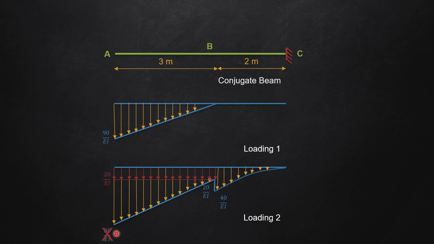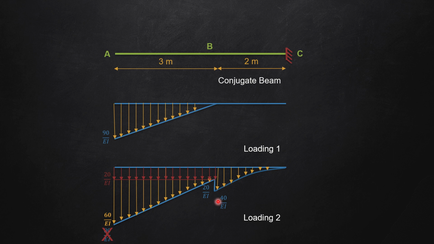And the remaining one is a UVL, but its intensity will be 80 minus 20, that is 60 divided by EI. So I converted a trapezoidal load of 80 divided by EI into two loads: 20 divided by EI of UDL and 60 divided by EI of UVL.